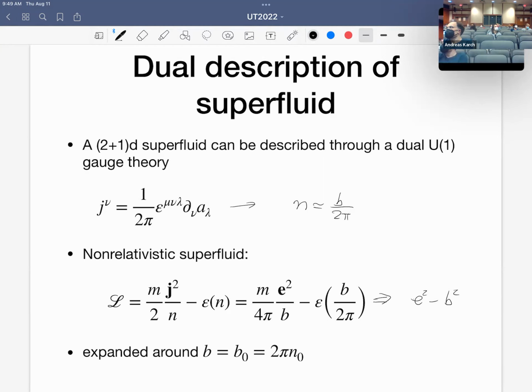To cubic order, we also obtain the leading order contribution to the interaction between the photons. So basically, this is one of the ways one can understand a superfluid. It's just a Maxwell gauge field.